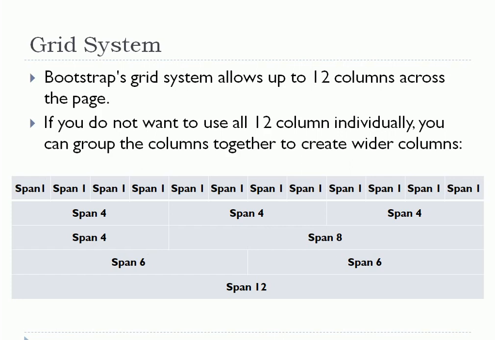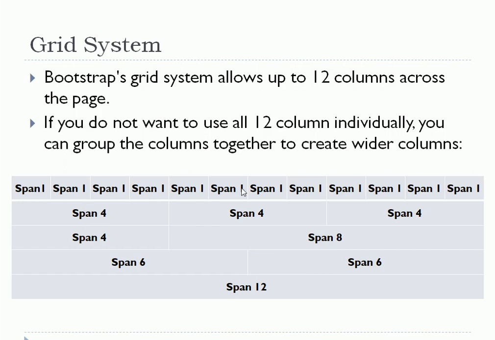Now the most important thing in Bootstrap is the grid system. The grid system allows you to divide your page into 12 columns. If you do not want to use these 12 columns individually, you can group the columns, but the final sum of your columns should be 12.